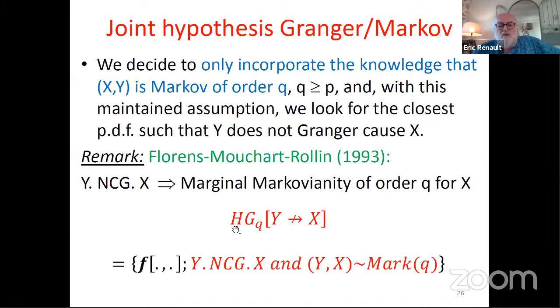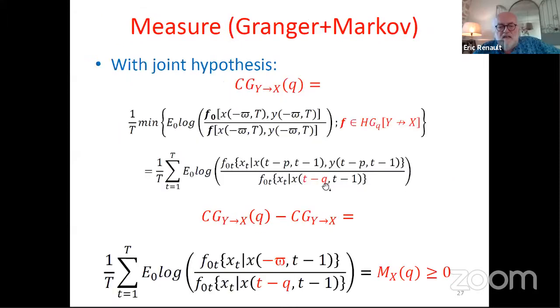So I will look at Granger causality now when I put Q as the number of lags. This is my measure of causality. Now I have T minus Q instead of T minus P. Typically, of course, it's just an approximation because in general I should take Q equal to infinity.